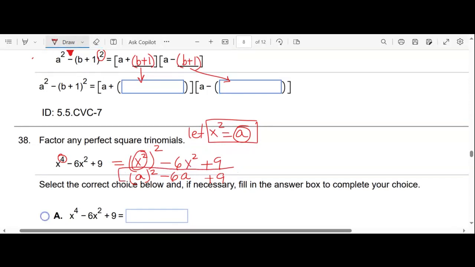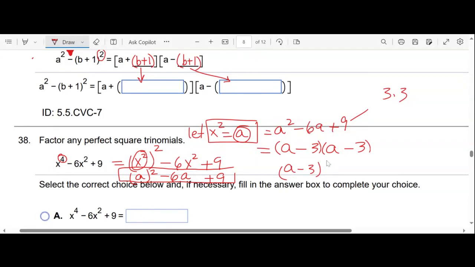So I need to factor this. Can you factor this? a squared minus 6a plus 9. Who can factor this? 9 is what by what? 3, 3. Negative, negative. So that means a minus 3.